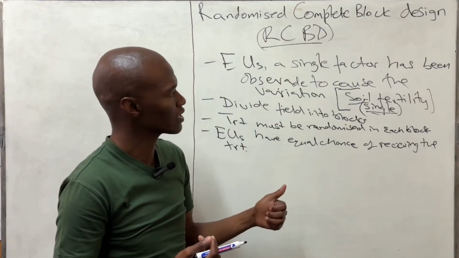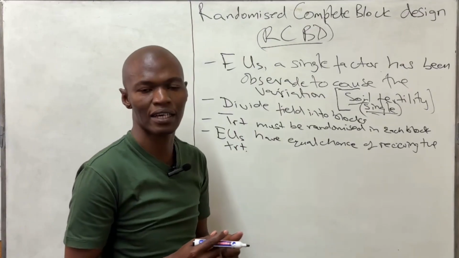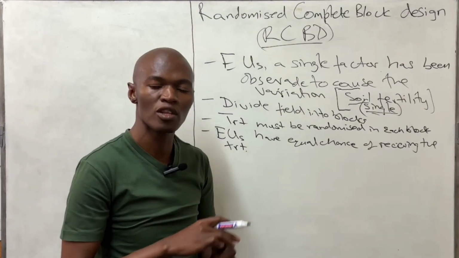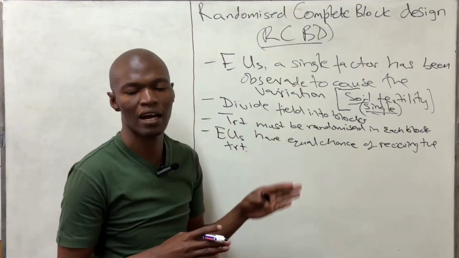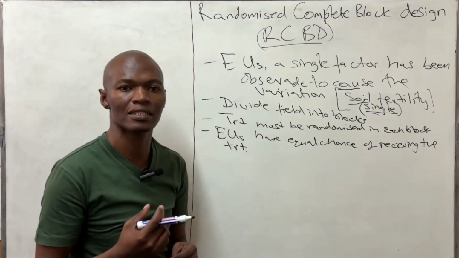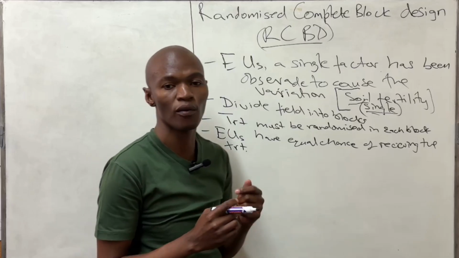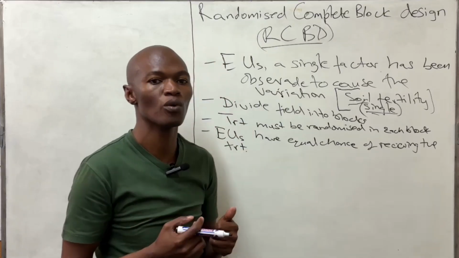So once you notice that there is this particular factor that is not the same in your experimental units, you have to make sure that that particular factor will influence the results. But if it's not going to influence the results, there is no need for you to block.